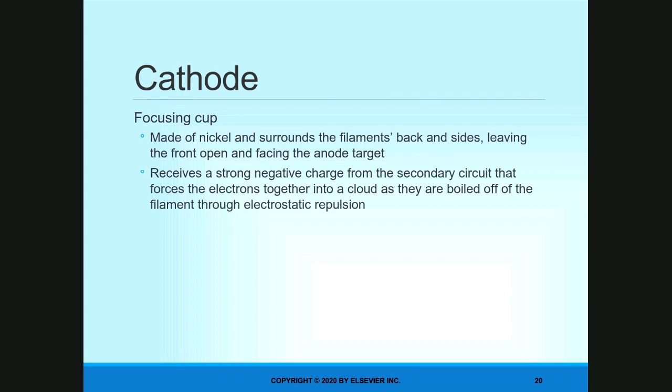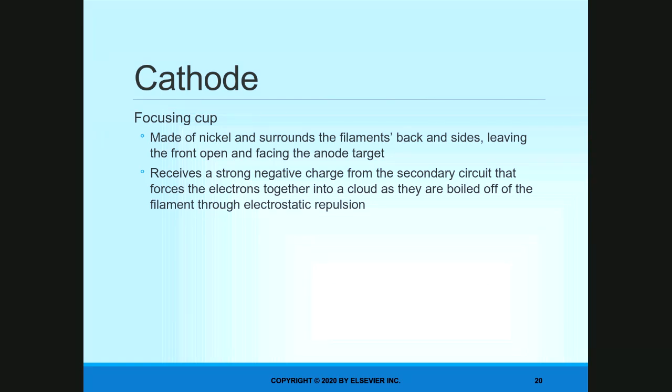Because the negative charge of the cup is greater than the negative charges of the electrons that are released, it forces them to stay together until you're ready to send them across. If that wasn't the case, then those electrons, when they were boiled off, would just start to go all over the tube and wouldn't be as effective for X-ray production.